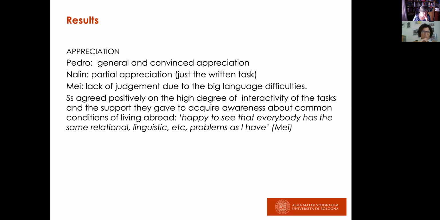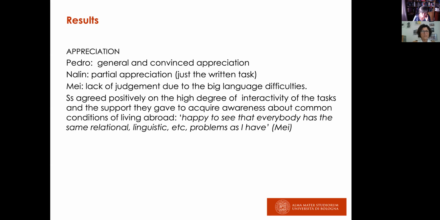Another theme was appreciation. This went from a general and convinced appreciation by Pedro to a partial appreciation by Nalin, just the written task, and to a lack of judgment due to the big language difficulties as specified by May.